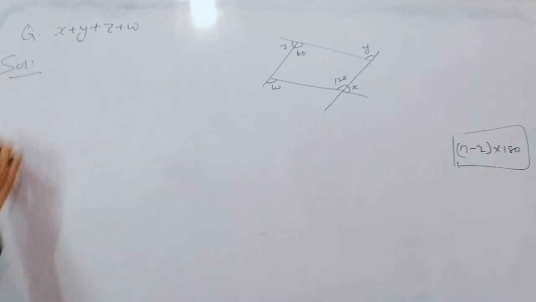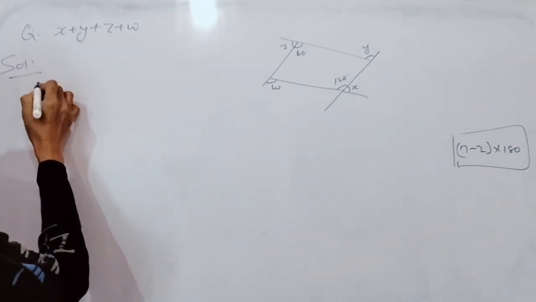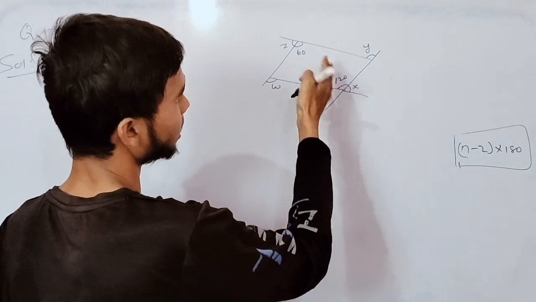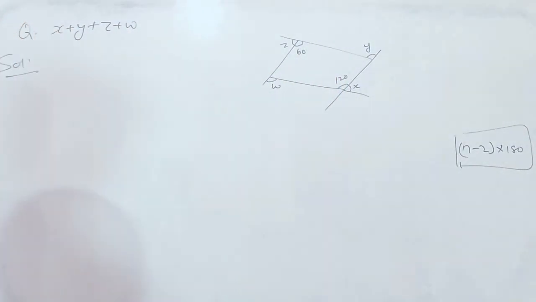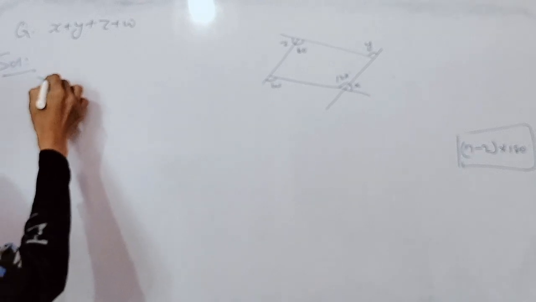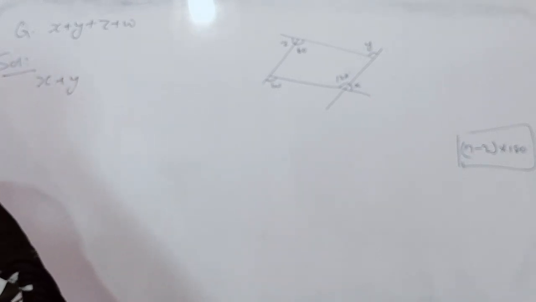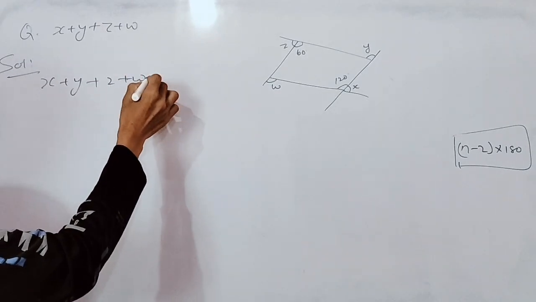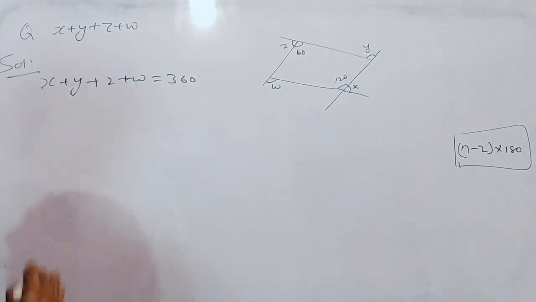What is the question saying? As you know, the angles of a quadrilateral add up to 360: x plus y plus z plus w gives you 360.